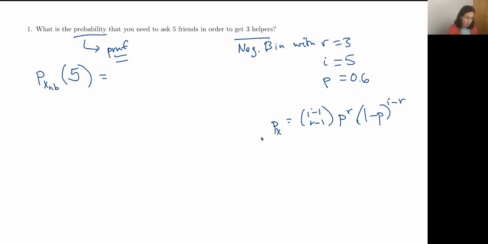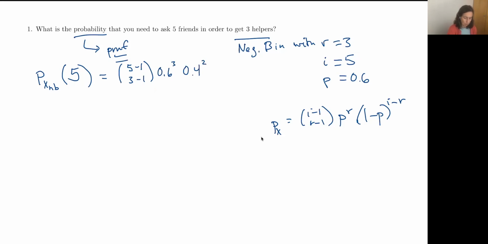And so that probability is 5 minus 1 choose 3 minus 1, times my p, 0.6, to the power 3, and 1 minus p, 0.4, to the i minus r power, the second power.